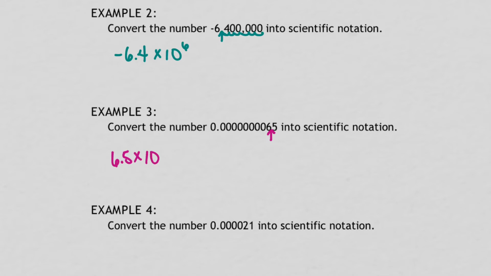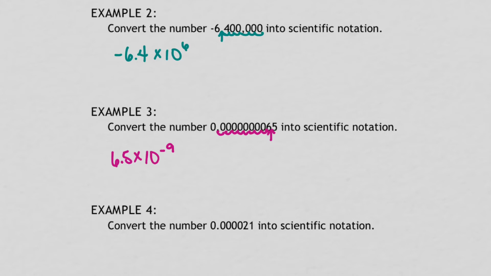But this time, since we have a very small number, the exponent will be negative. And we'll count our decimal places. 1, 2, 3, 4, 5, 6, 7, 8, 9. So this will be 6.5 times 10 to the negative 9.